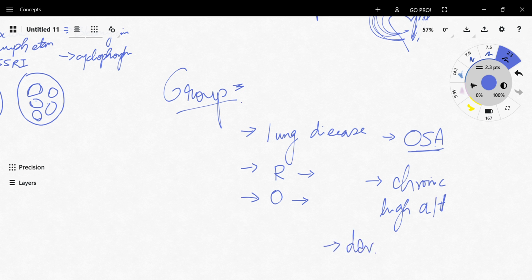The way that OSA causes pulmonary hypertension is basically you tend to have recurrent hypoxia and hypercapnia.